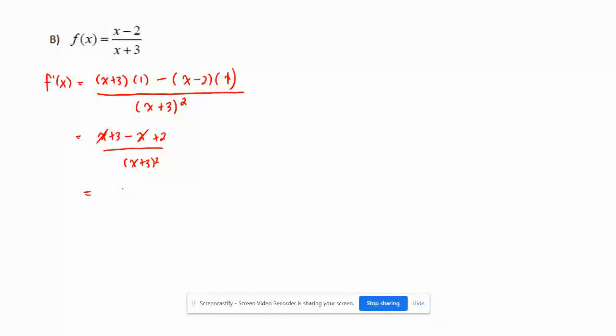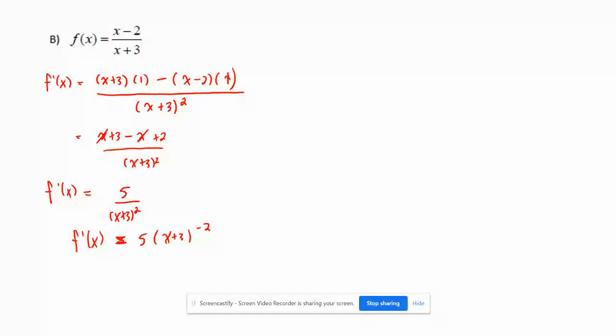The x's cancel out, and we have 5 over x plus 3 squared as our first derivative. Then I'm just going to modify this a bit and say that f prime of x equals 5 times x plus 3 to the negative 2.